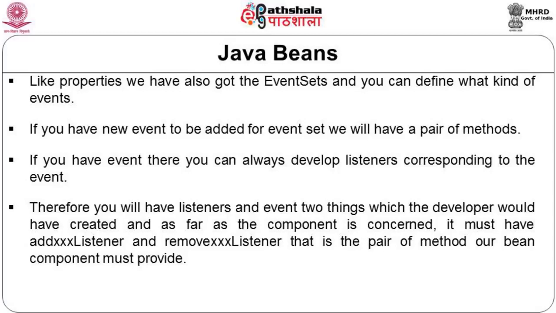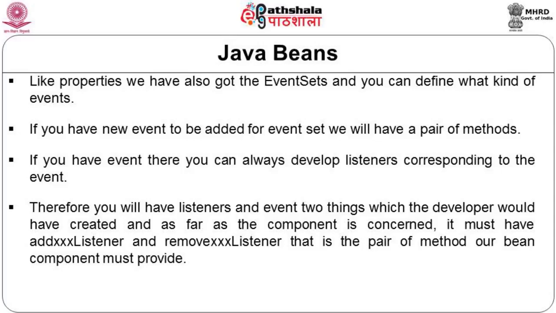If there is an event, you would have developed not only the event but also the corresponding listeners. So the developer would have created two things, listener and event, and as far as the Java Bean component is concerned, it must have add listener and remove listener. That is the pair of methods that our Bean component must provide.